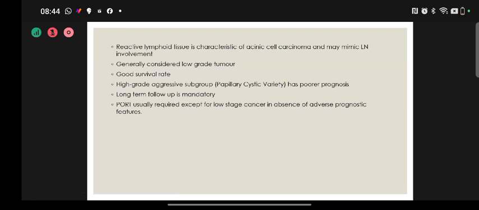It is generally considered a low-grade tumor, has a good survival rate. A high-grade aggressive subgroup may be present, that is the papillary cystic variety, which has poor prognosis. So for acinic cell carcinoma, long-term follow-up is mandatory and post-operative radiotherapy is usually required except for low-grade cancers.